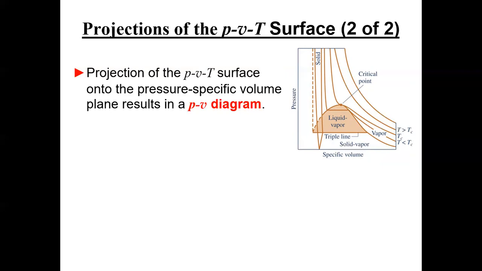Let's see, so we see the liquid-vapor dome shaded in. We see lines of constant temperature, these are called isotherms. We see the critical isotherm comes down and just touches the critical point. It doesn't go into the dome. It simply touches and then sweeps on down this way. We see out here at higher temperatures, we get this nice smooth behavior.